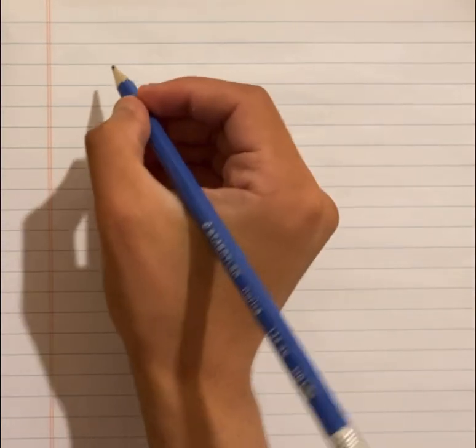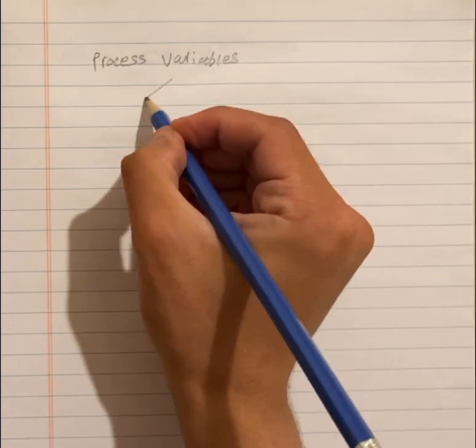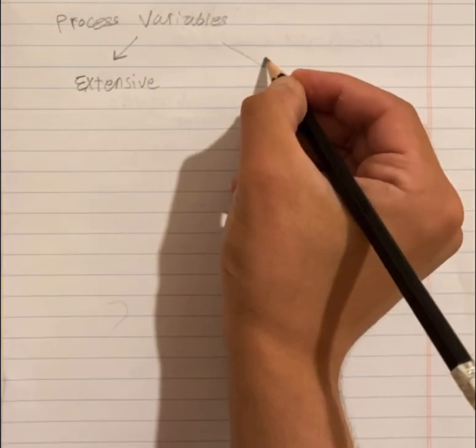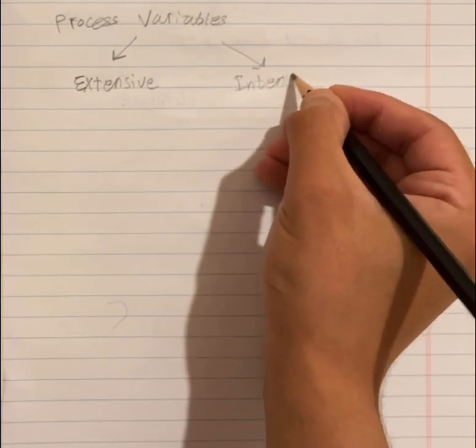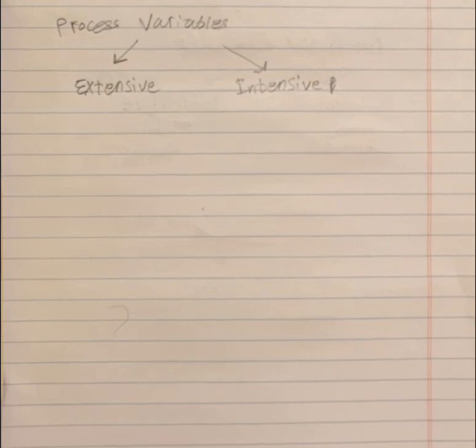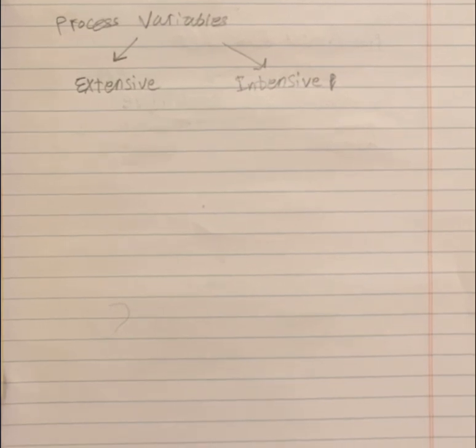track. The process variables we are facing could be of two types: extensive and intensive properties. Extensive means when the size is important to the value, when the size contributes to the value itself. But intensive means that regardless of how big the size is, it will not affect the value.